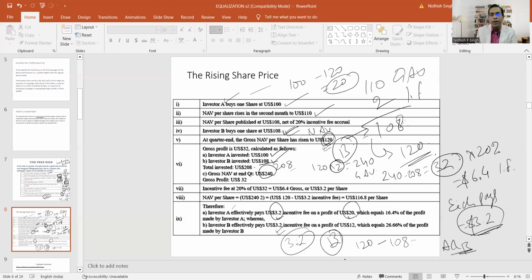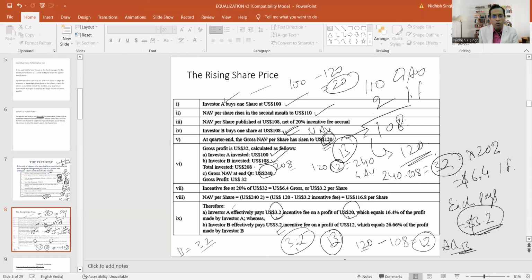So it came at 108 and now NAV is 120. So $12 of profit made and $3.2 is the incentive fee imposed. So what is the total incentive fee for B? 3.2 divided by 12, that is really 26.66%. So A pays 16% of incentive fee, whereas B pays 26.66% on the profit.